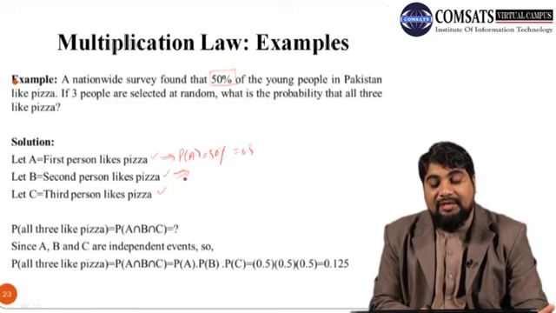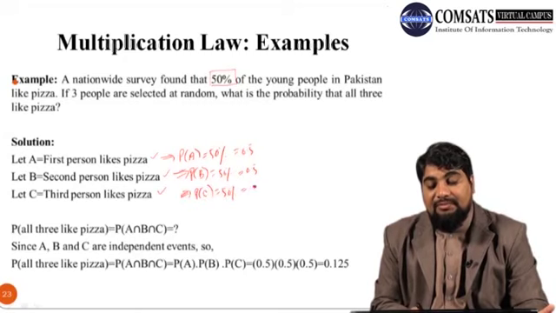Similarly, P of B is also 50%, or 0.5. And P of C is also 50%, or 0.5.